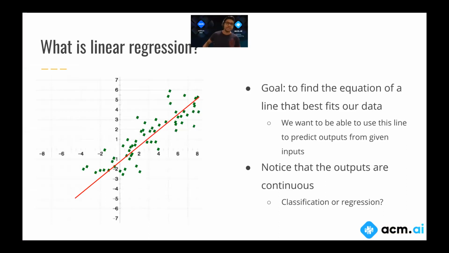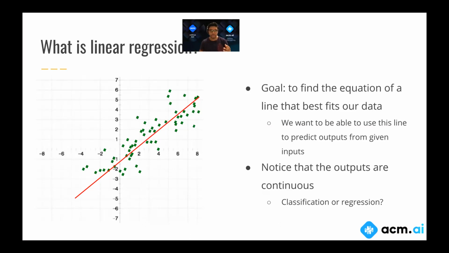Our main goal with linear regression was finding a function, and more specifically a linear function, that can predict an output given a set of inputs that we provide to the model. When we dealt with linear regression, our outputs were continuous.